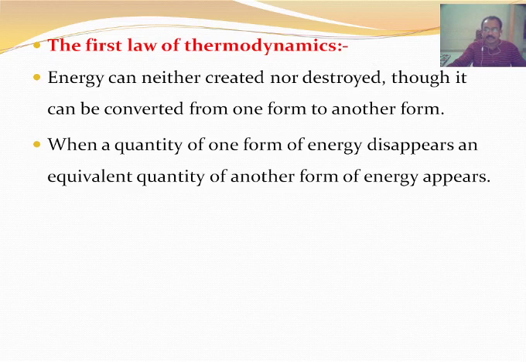That means that much amount of electricity is consumed, and we will get its equivalent amount of heat energy generated. Therefore, there is a quantitative relation between the amount of energy that disappears and the amount of energy that is generated.